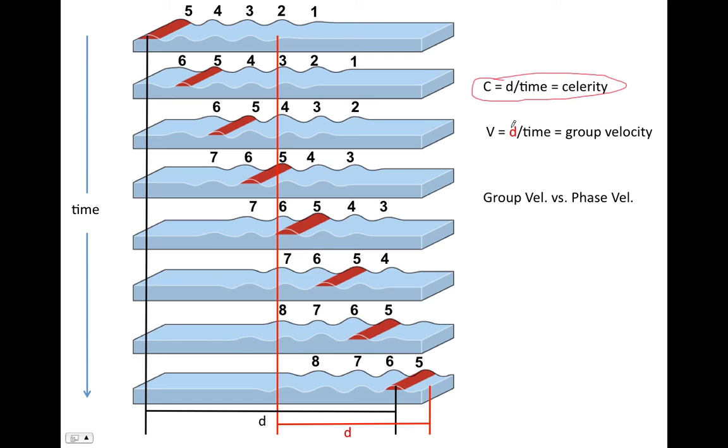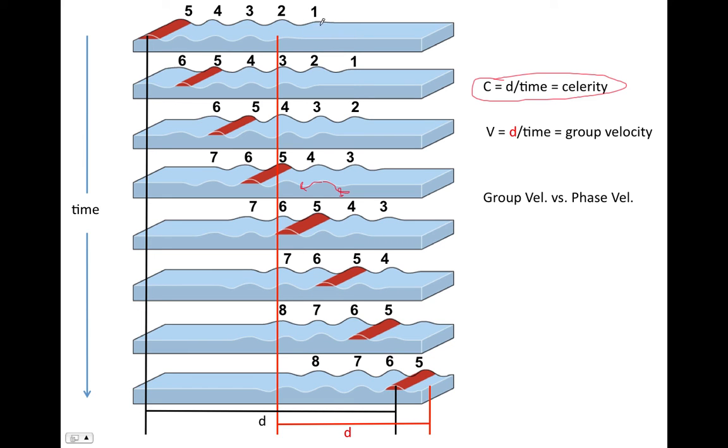So what this means is that since the individual waves are moving faster than the group that they're in, waves must disappear at the front and appear at the back. And that's what happens, because each wave imparts half of its energy into the wave in front of it and half its energy into the wave behind it. So at the very front, say wave 1, it gives half of its energy into the wave in front of it where there's no wave, and half of its energy behind it.